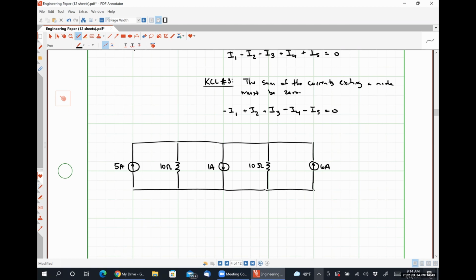And our ultimate goal here is to determine this current flowing down through this 10 ohm resistor, which I'm going to call IX.